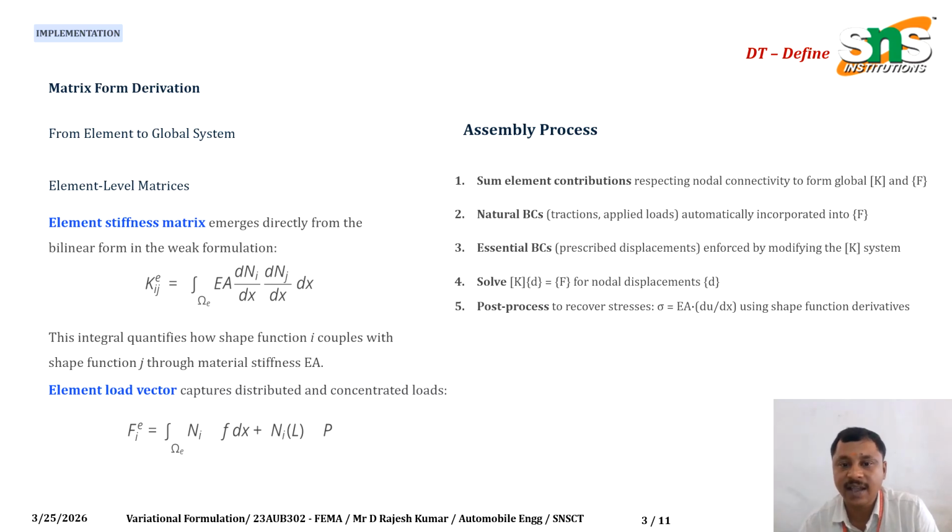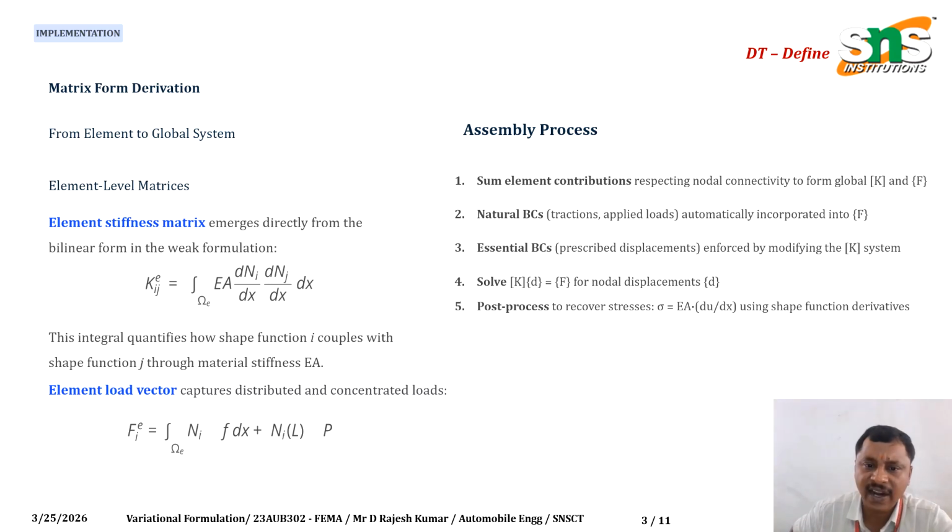The next thing is the boundary conditions. Natural boundary conditions, such as self weight or applied loads, are all determined here. Then the next step is the essential boundary condition, which means modifying the K system, the stiffness matrix. When we apply the boundary condition, for example, one end of the bar is fixed, we eliminate the particular rows and columns of the matrix.